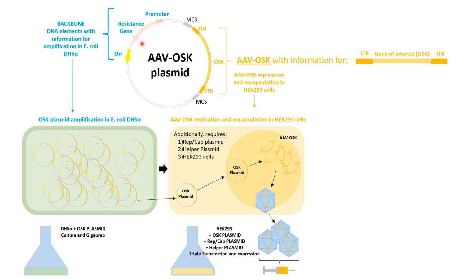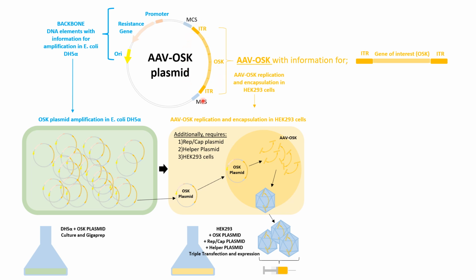So the ORI is recognized by the bacteria, which start producing many copies. And the resistance gene and the promoter are expressing resistance to a certain antibiotic. So with this resistance gene, we ensure that only the bacteria carrying these plasmids grow in the presence of antibiotic in the media.